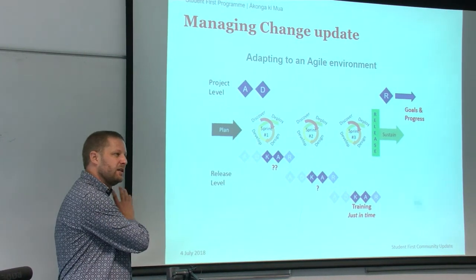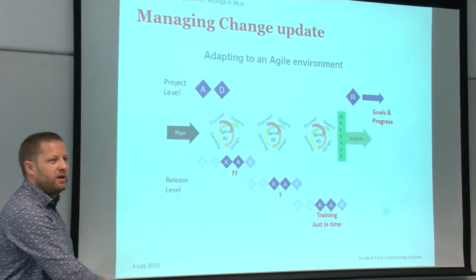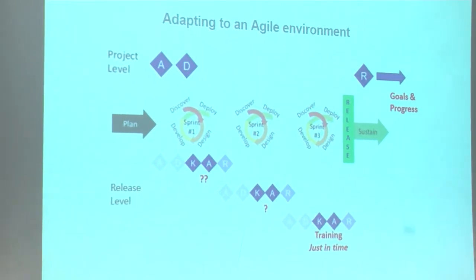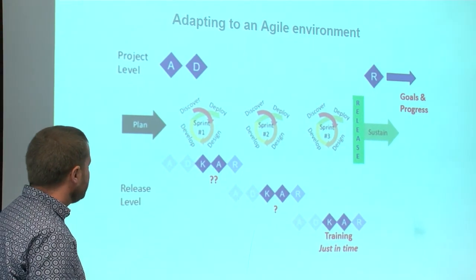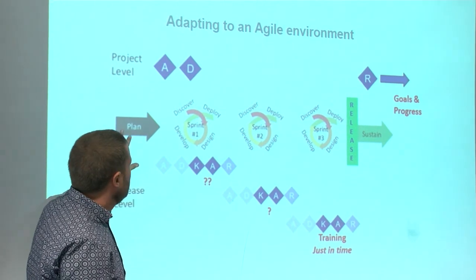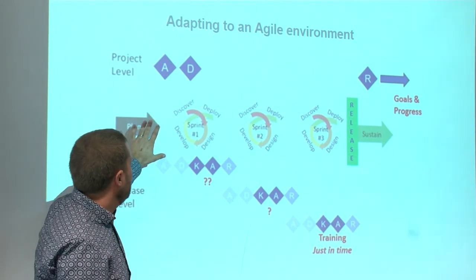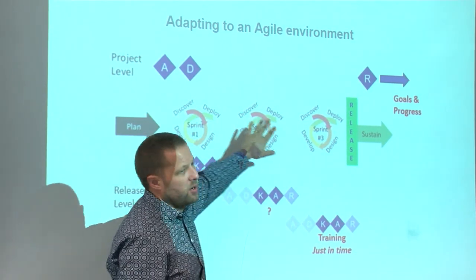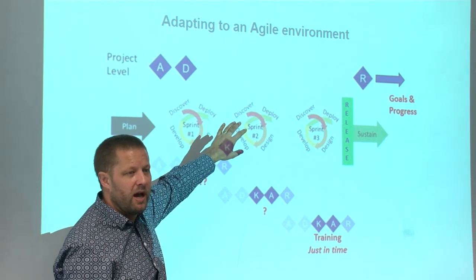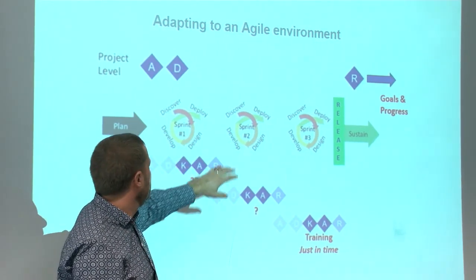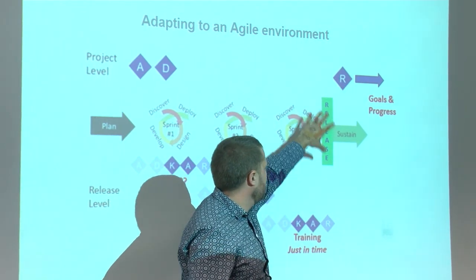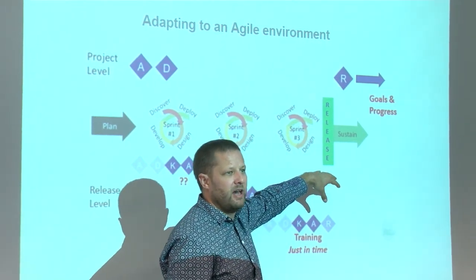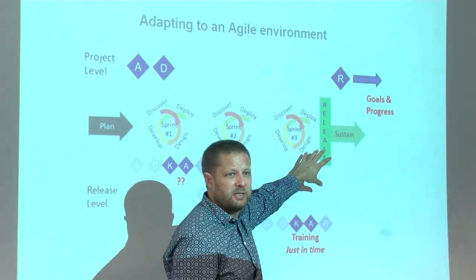So instead of that nice linear picture we had before, we now have a view that looks a lot more like this. When we're working through a release, the development team is going through a number of sprint cycles where they're building bits of functionality, and then finally it all gets bundled up into something that adds value to the business and we release it out to the business.